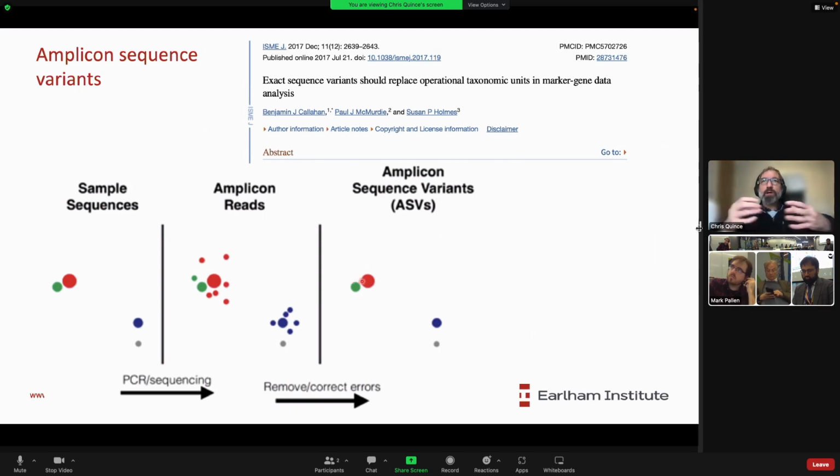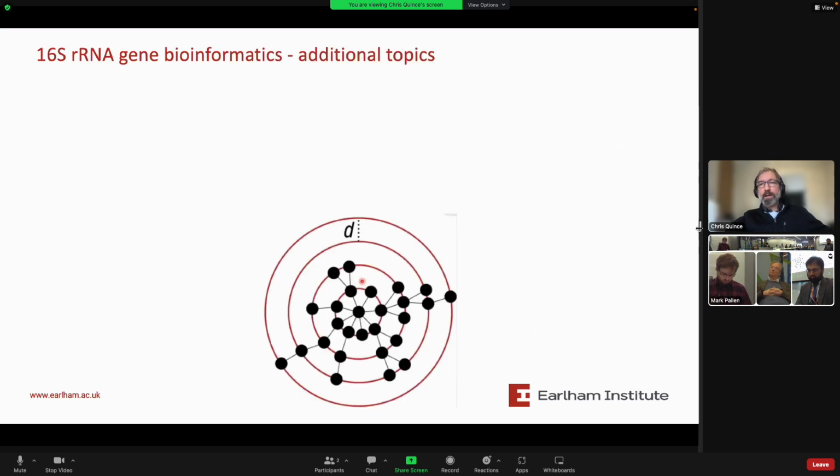Whereas if we form OTUs and count the number of OTUs, we've turned it into a universal unit. So actually what we would recommend, and I think you'll be doing in the tutorial, is that you do it both ways. You form amplicon sequence variants and you do analysis with those, but then you also might want to form OTUs, say at 3%, and do analysis with those as well. And sometimes we find OTUs perform better, and sometimes we find ASVs perform better.